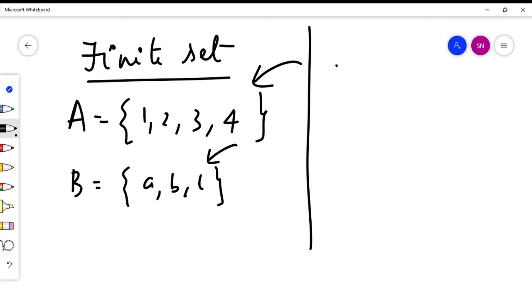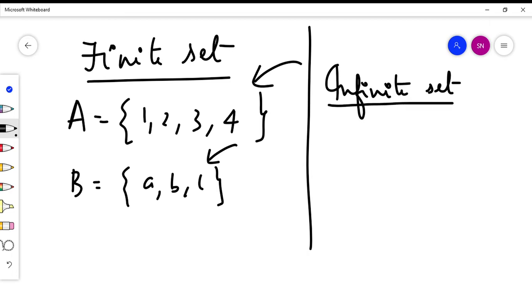But what is an infinite set? Please ignore those cracker sounds. So what do you mean by an infinite set? Again, I'll consider a set A wherein I have countable numbers, for example 1, 2, 3, 4, dot, dot, dot.